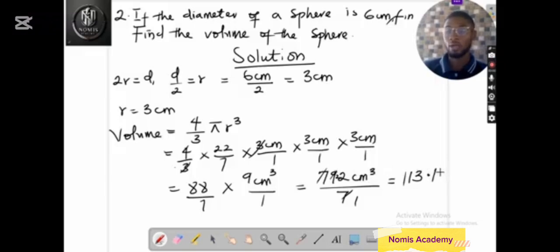I will have 4, remainder 2. How many 7 can I get in 20? I will have 2, remainder 6. So let us put it to 2 decimal place. So it is 113.14 centimeter cube. So this is the volume of a sphere whose diameter is 6 centimeter.